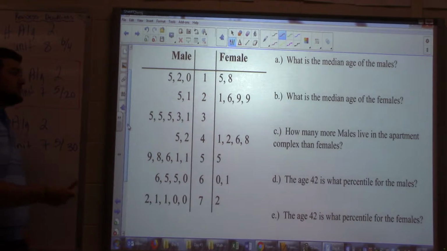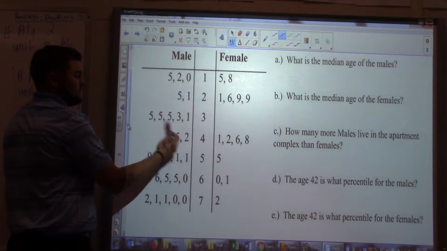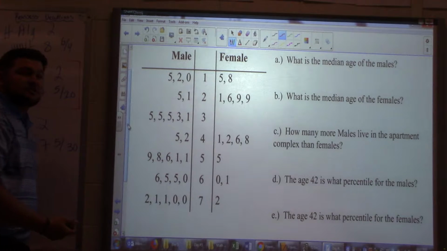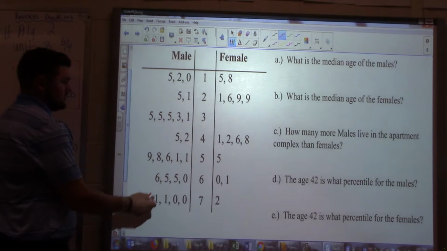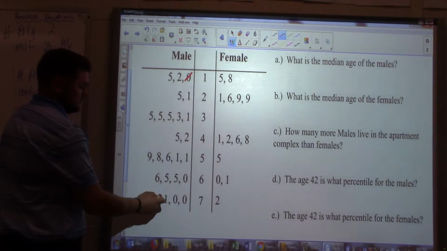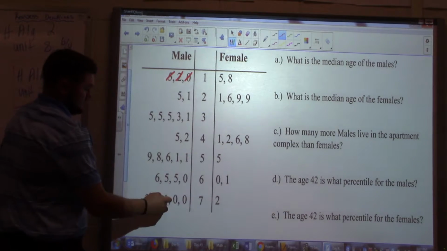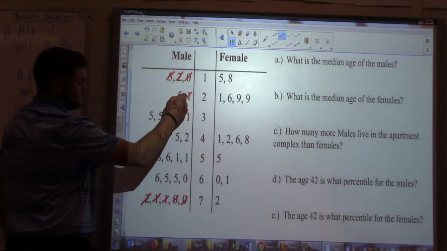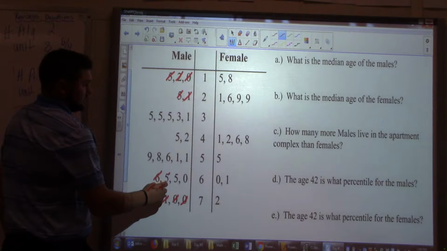Well, good news is these are already least to greatest. They're just a little bit backwards. So I'm going to just cross them out.